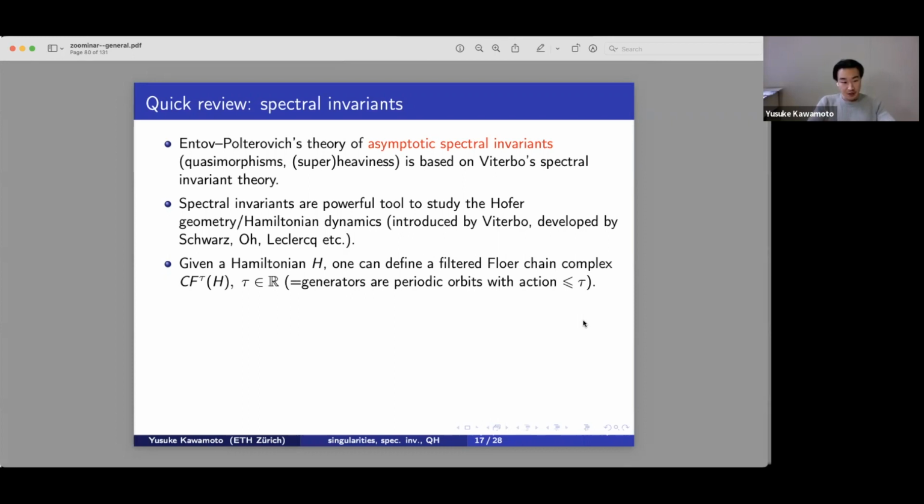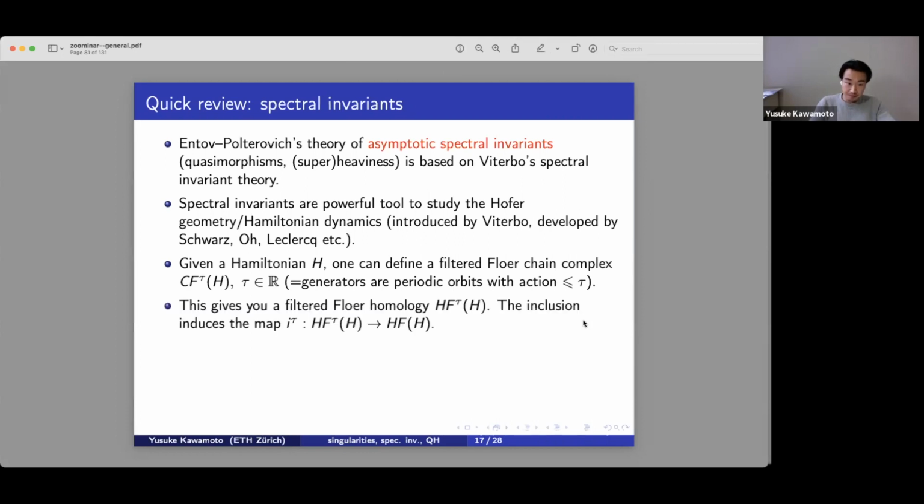It's filtered with respect to a real number tau, and you only pick up the generators that have action less than tau. And then this gives you a filtered Floer homology group. And there's also a natural map coming from the inclusion on the level of the chain complex.